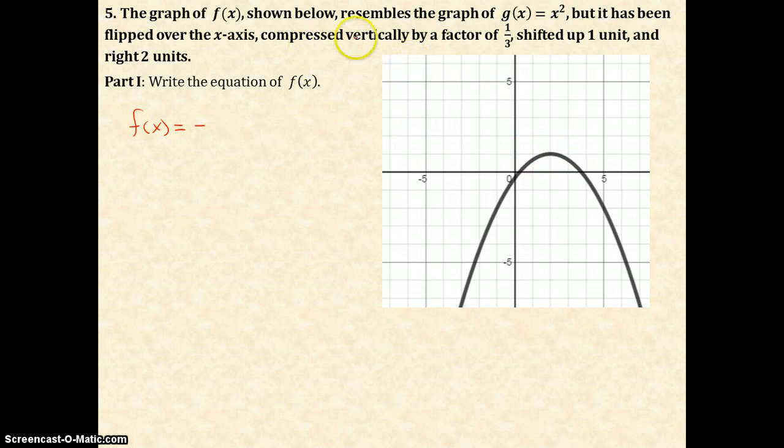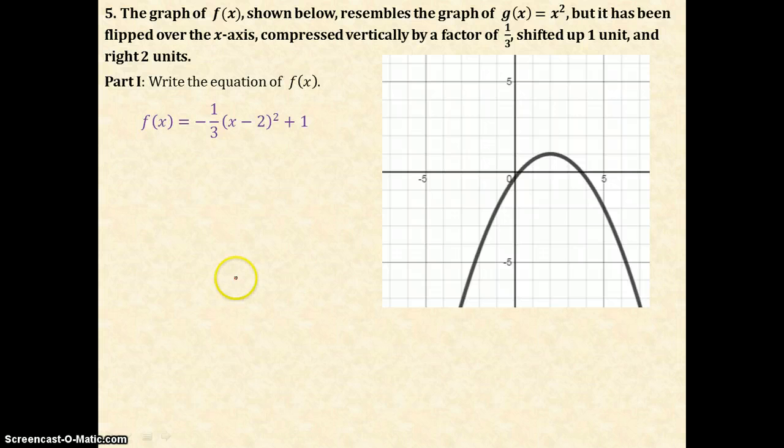The compression factor vertically is 1/3. So then we're going to have the x in here squared. But we do have a horizontal shift. It's to the right 2 units. So that's going to be -2. And then we're shifting up 1 unit, so that's +1.